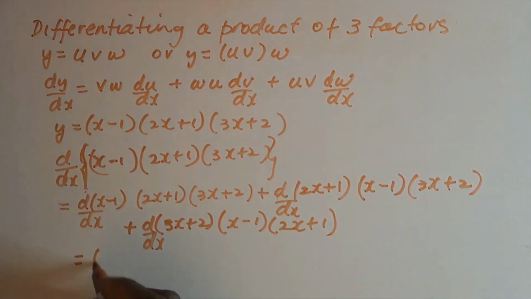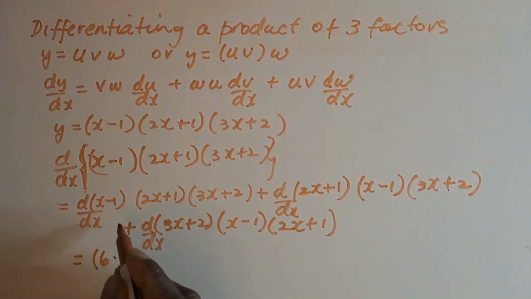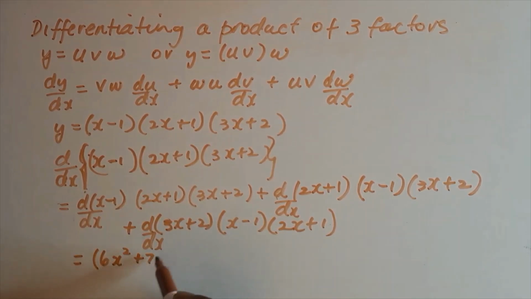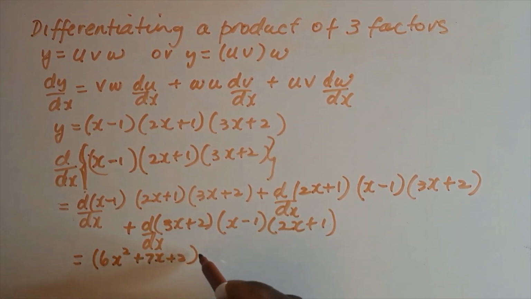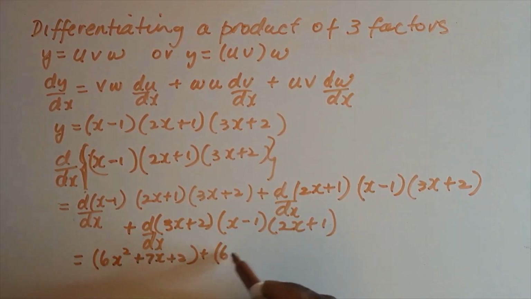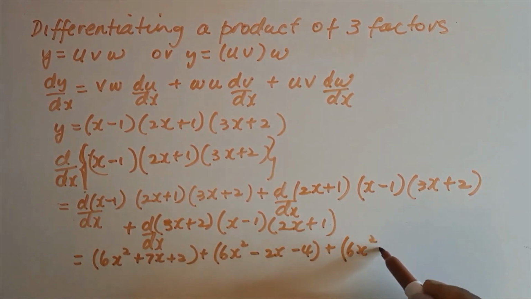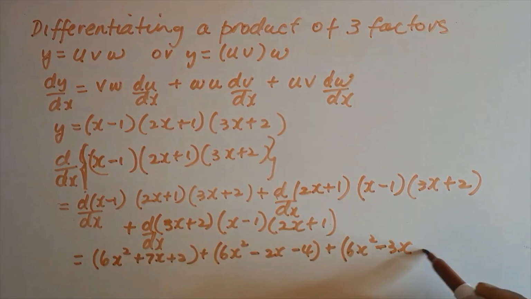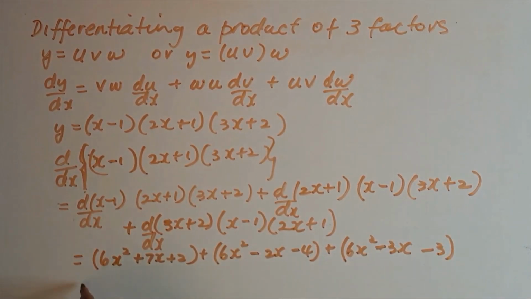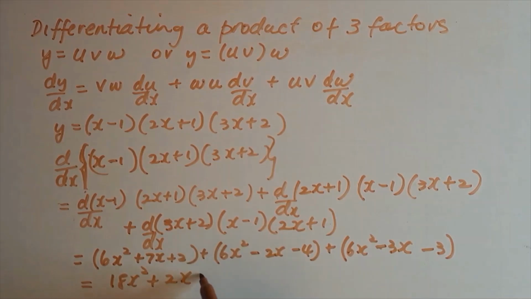This evaluates to the first here, 6x squared add 7x add 2, 6x squared minus 2x minus 4 added to 6x squared minus 3x minus 3, giving us a simplified version, which is 18x squared add 2x minus 5.